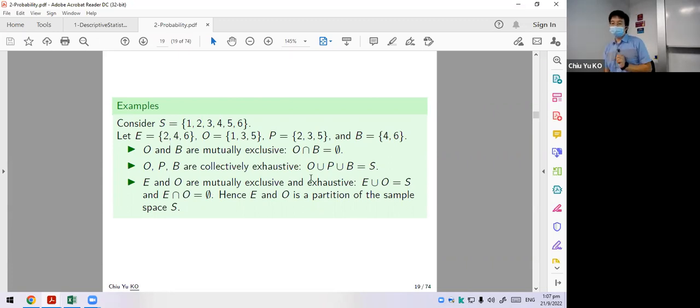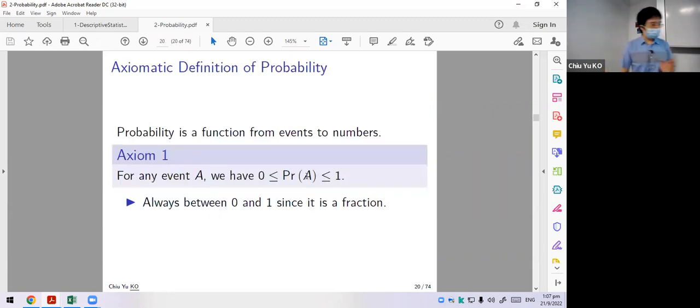Now there's a time limit, but I want to quickly go over probability so that you end up with something. We'll probably explain in more detail next class, but I want to tell you the axioms of probability. The definition comes from the 1930s, from the Russian mathematician Kolmogorov.